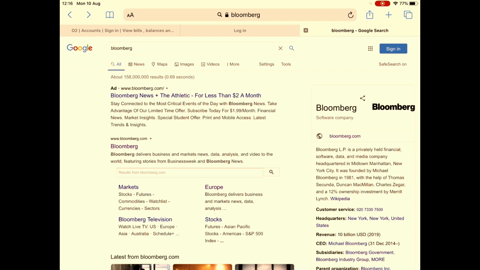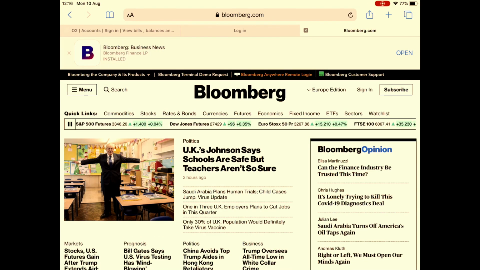Okay guys, so this is another source of information that I use. This is Bloomberg, the free website. It's really informative, it's up to date. There's so many different things you can research on this: commodities, stocks, bonds and rates, currencies, futures, economics, fixed income, ETFs, and you can search by sector as well.